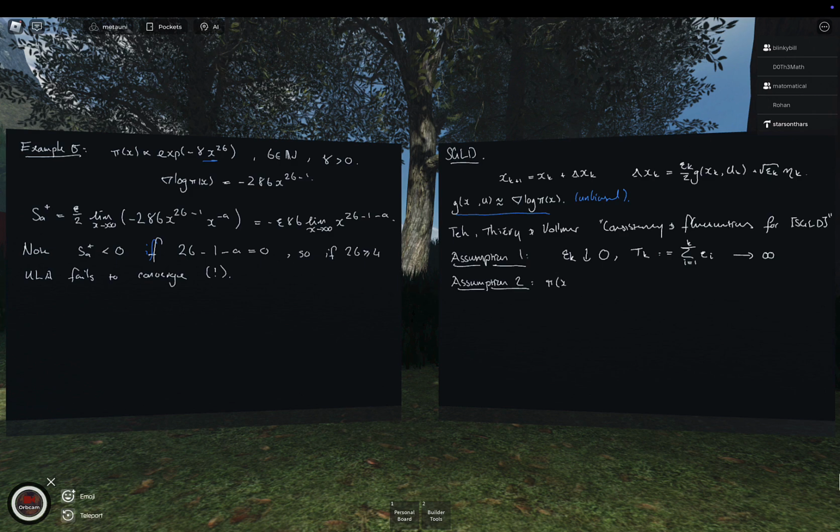So here we assume that pi(x) and g(x, u) jointly satisfy the following. There is a function V from R^d to R which is twice differentiable.